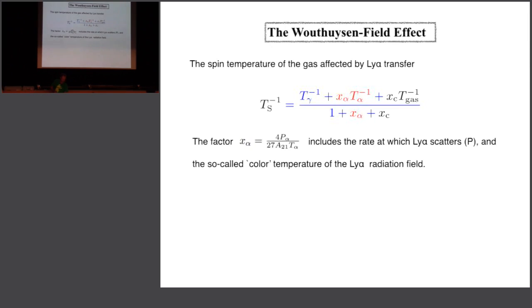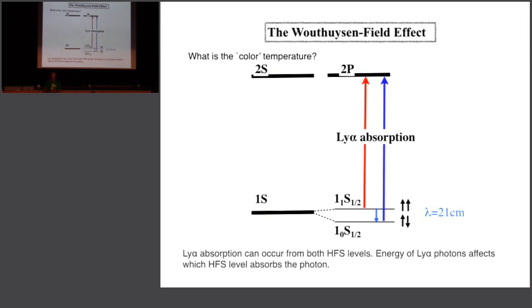So what is this color temperature? What does it do? Lyman-alpha scattering, absorption and subsequent re-emission affects these level populations, right? An atom can be in this state or this state. If you get excited by a Lyman-alpha photon, you basically go to one of these 2p states.